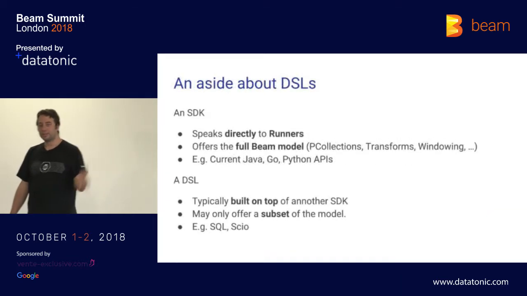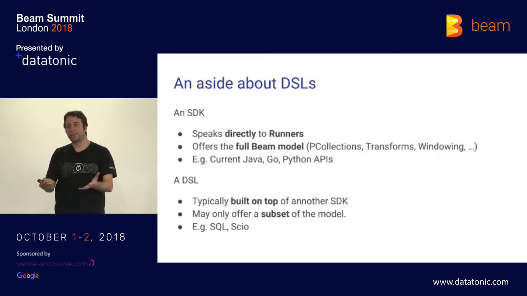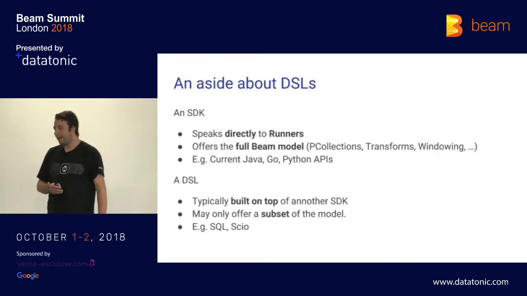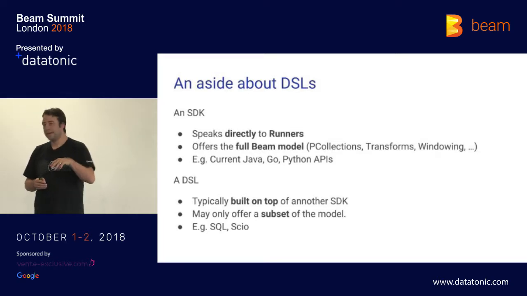So there's also this notion of a DSL. And in Beam, a DSL is different than an SDK. So an SDK speaks directly to the runner, and it provides kind of the whole Beam model, the concept of PCollections and transforms and windowing and so on. And a DSL is typically built on top of an SDK, and sometimes it provides a subset of the model.